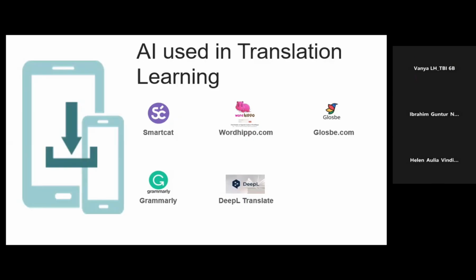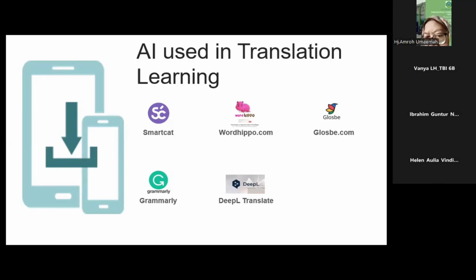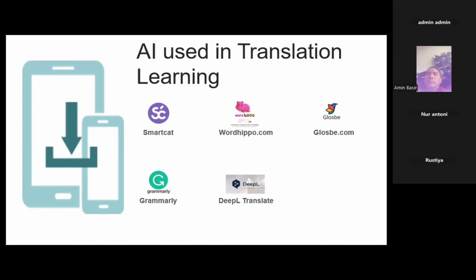All of the students are in groups of 5 students, and all of them can access all of the AI tools here.